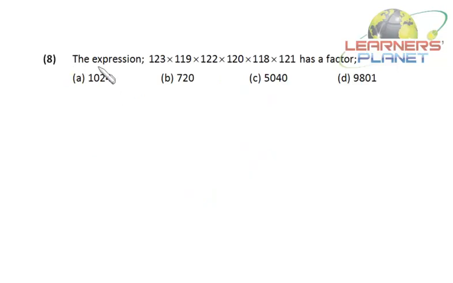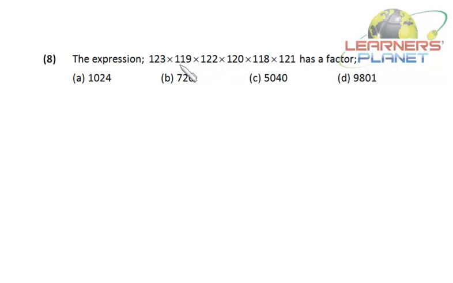Now, in this problem, the expression 123 into 119 into 122 into 120 into 118 into 121 has a factor. Friends, if you observe the numbers carefully, you'll be having 6 consecutive numbers over here, that is 118, 119, 120, 121, 122 and 123.